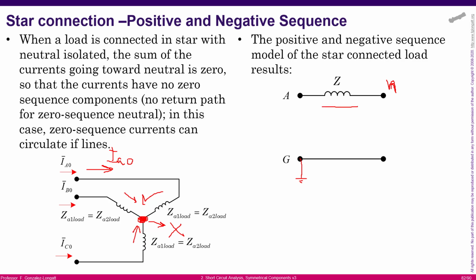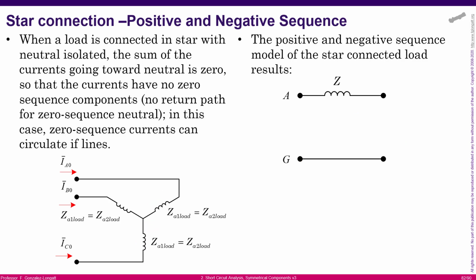Okay, as a consequence, it's impossible to have a zero sequence component in this load. Okay, but this is the case when we have a star connected static load and the neutral point is disconnected from ground.